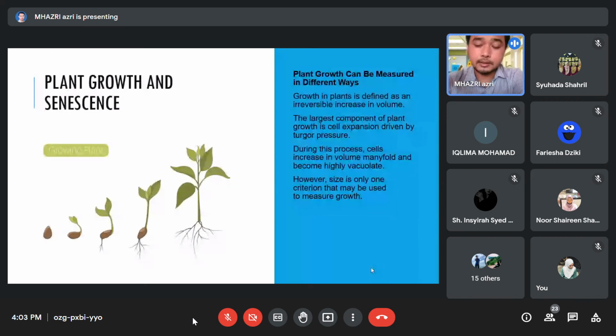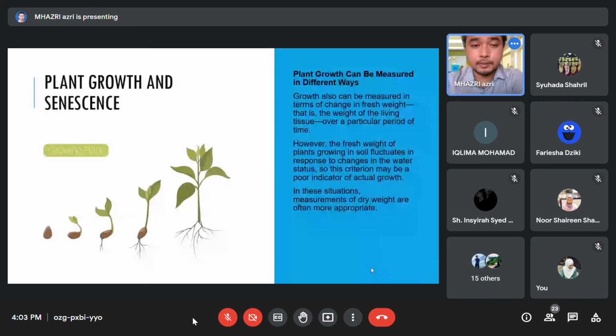Okay, so how can we measure the growth accurately? Depends on the situations. Tak semestinya kalau kita measure diameter betul atau salah, depends pada kita punya situasi. Okay, growth can also be measured in terms of change in fresh weight, that is the weight of living tissues over particular periods of time.